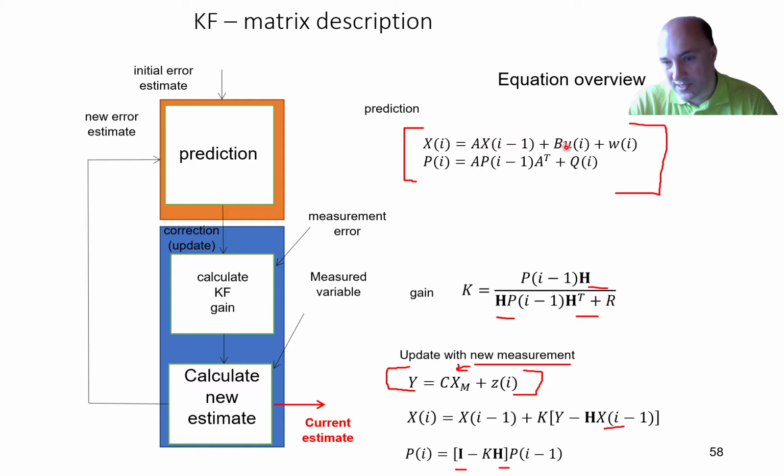And plus Bu, and u is my input. So the current state will be influenced by the inputs through some matrix B, which will tell us what inputs we have and how sensitive this system is to that.